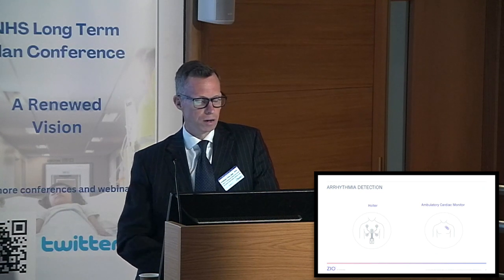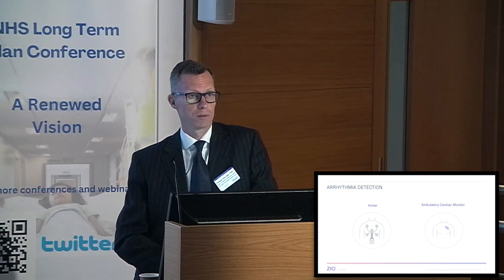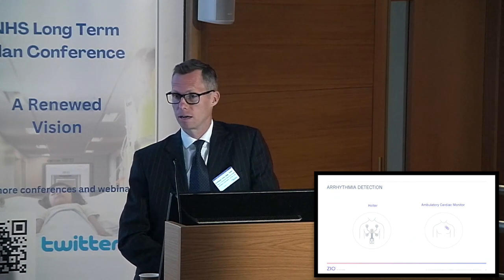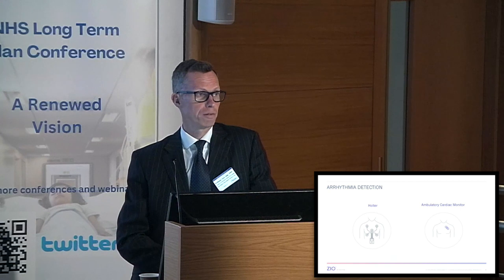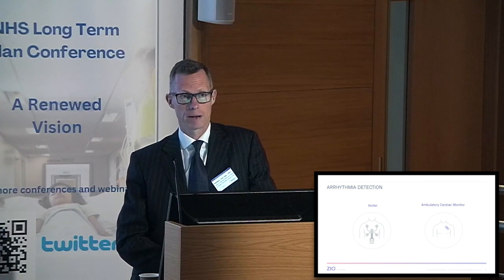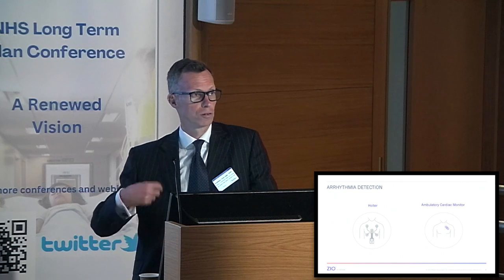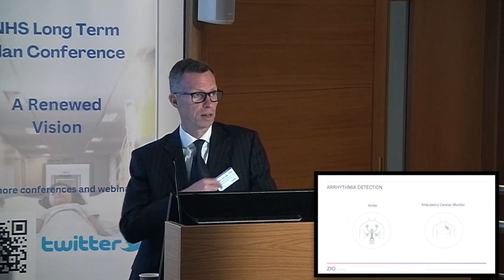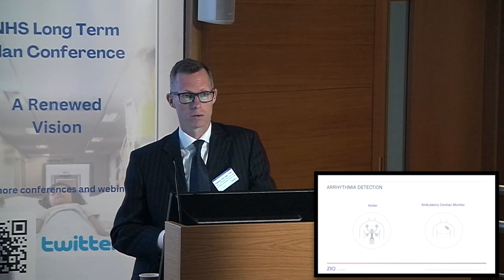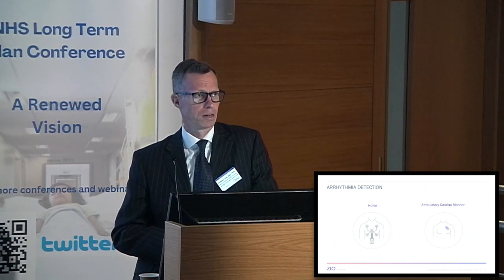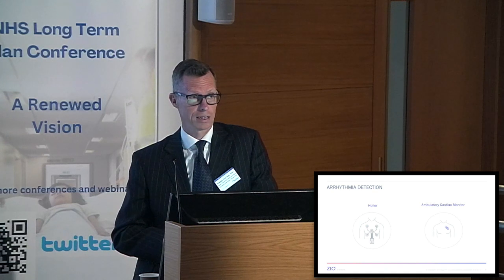Typically, we detect and monitor heart rhythm disorders by an ambulatory rhythm monitor. The ones you may have heard about are the Holter monitors that have been around for decades. They have a battery and a recording device, usually held onto a little waistband or shoulder band, and a number of wires that then go onto sticky patches on the chest. And that's the bread and butter of arrhythmia detection across the NHS.